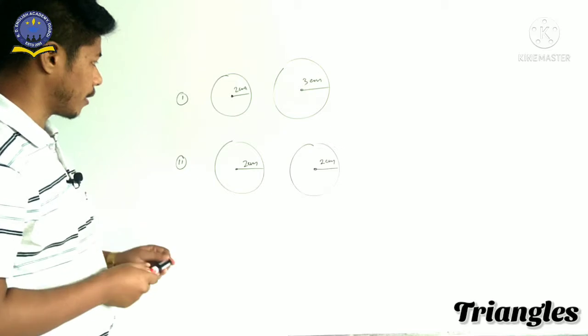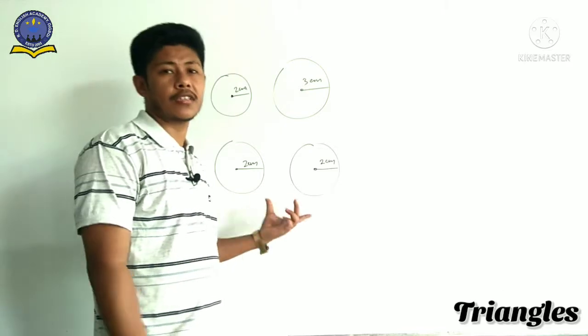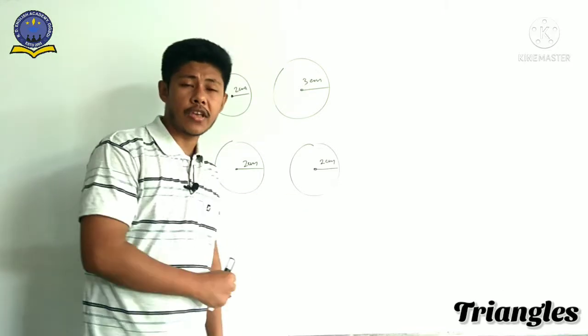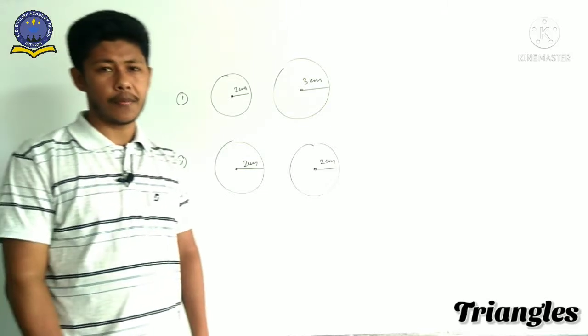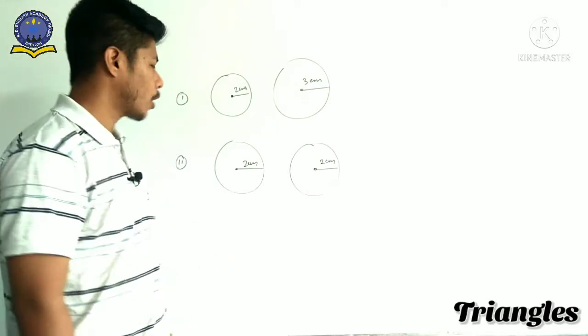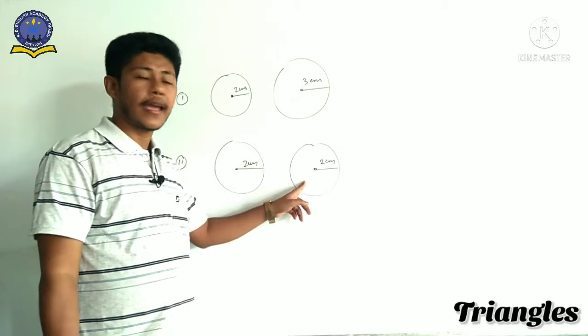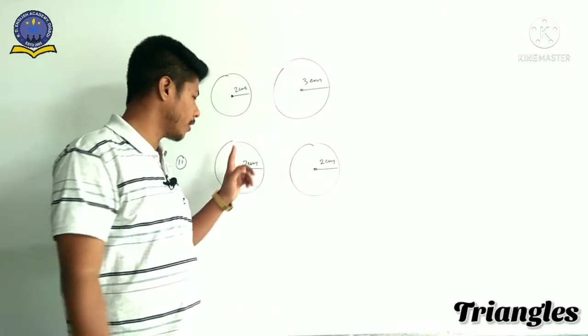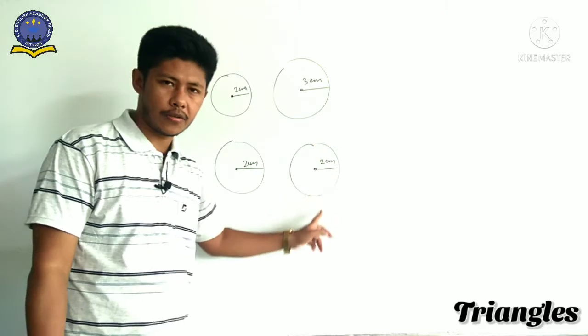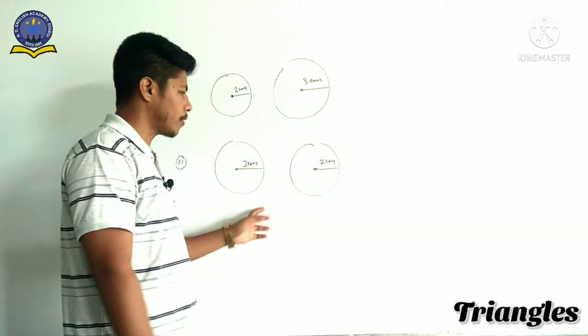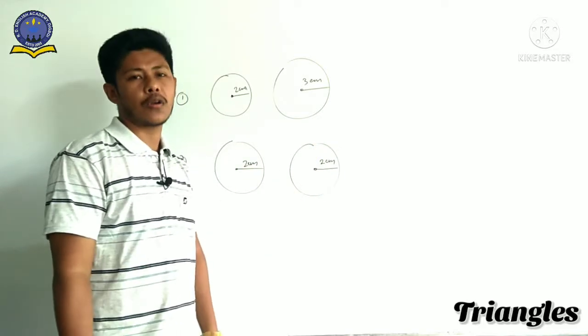In class 9 we discussed this type of diagrams where shape and size are the same, then it is known as congruent. So here the radius is 2 centimeter, radius is 2 centimeter, that means these two figures are what? Congruent.